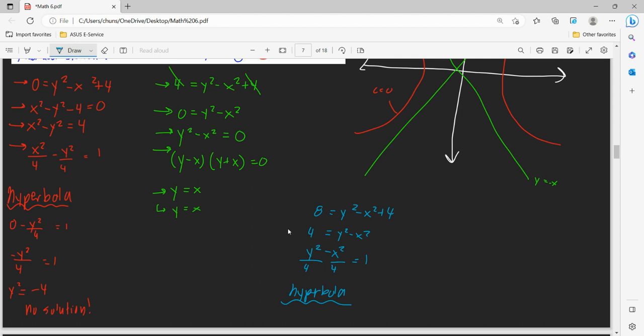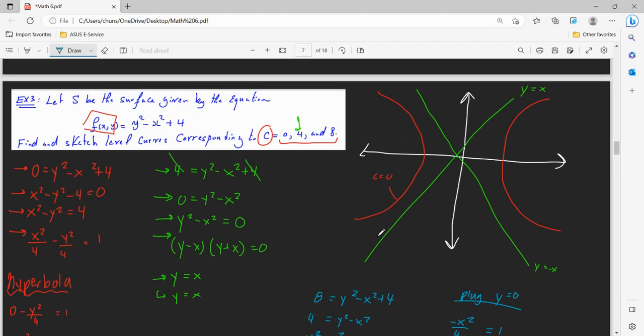We're going to do the same thing and plug in y equal to 0. That gives negative x squared over 4 equals 1, and this is x squared equals negative 4, which doesn't exist. This has no solutions, so we know that there are no x-intercepts. That means this must open upwards, and this is our c equals 8.